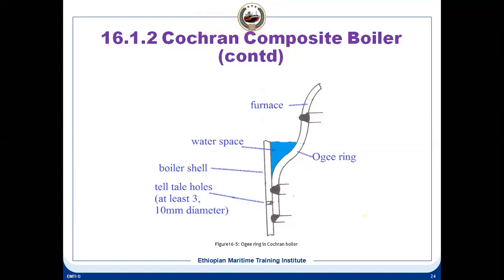And then because at this place the water circulation is quite poor, your solid deposits tend to drop down and accumulate over here. So you will require some handholds over here from time to time when you are carrying out boiler maintenance, so that you can open and take out all the sludge and other undesirable deposits which have deposited over here.